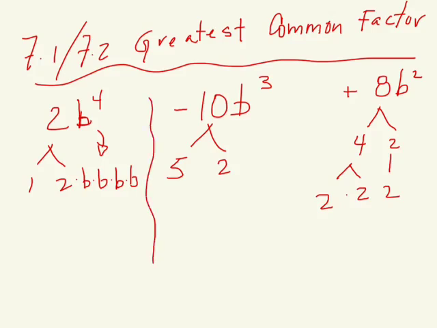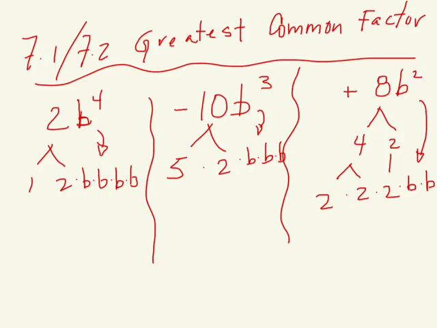I'm going to kind of separate these three things here. Okay, you can break this b cubed down into b times b times b, and b squared into b times b.